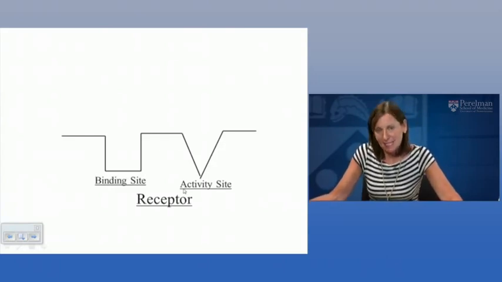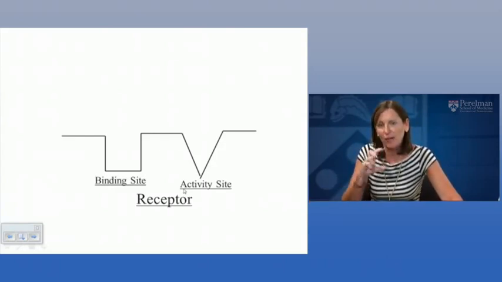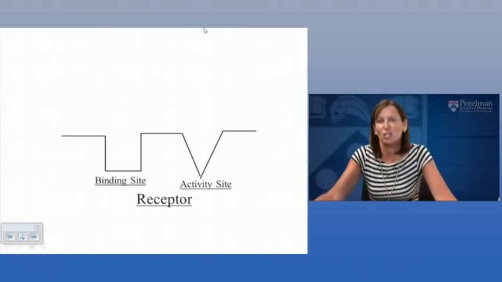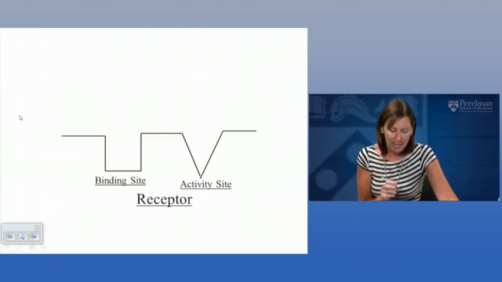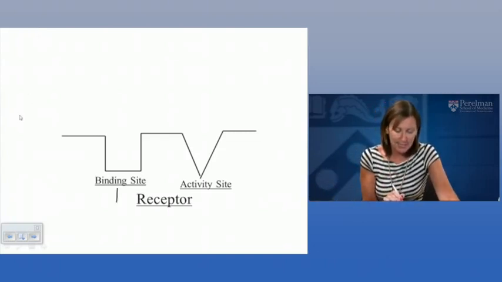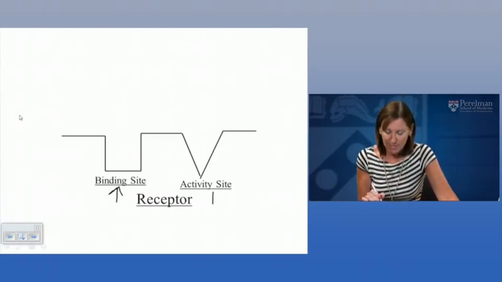And in these next series of slides, we're using a very schematic representation of the receptor, recognizing that this is absolutely just a schema and that we've previously described the 5 main types of receptor subtypes. So here we see a receptor portrayed, and we have the binding site here, and we have the activity site.